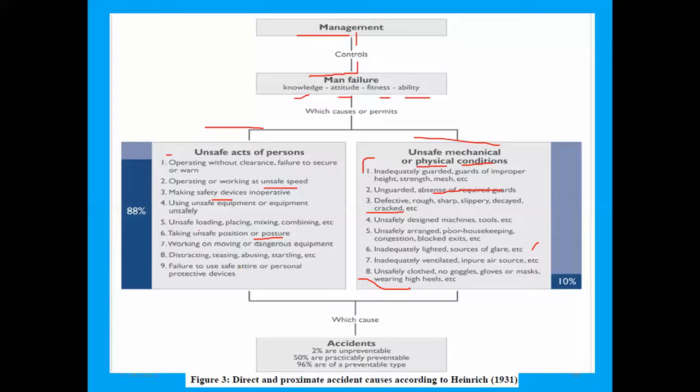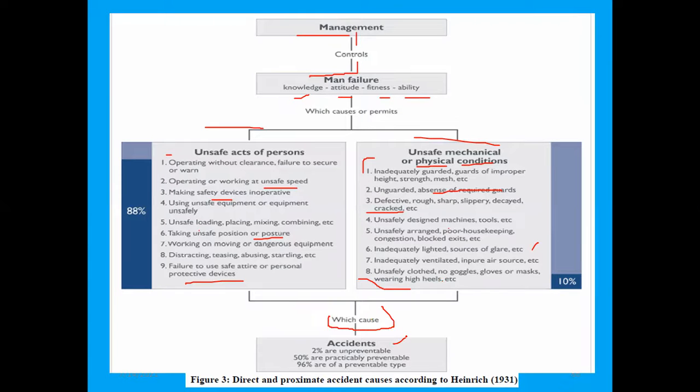Unsafely clothed, no goggles, wearing no gloves, mask, wearing high heels, etc. These are the main components of unsafe physical conditions and unsafe acts. Altogether these are causes which lead to accidents.